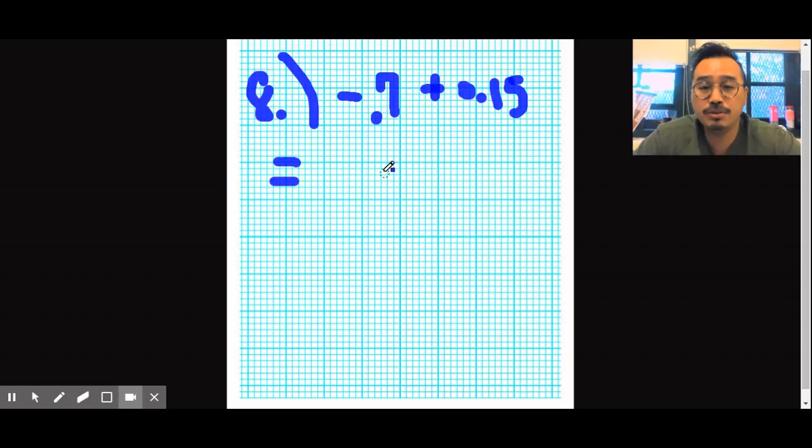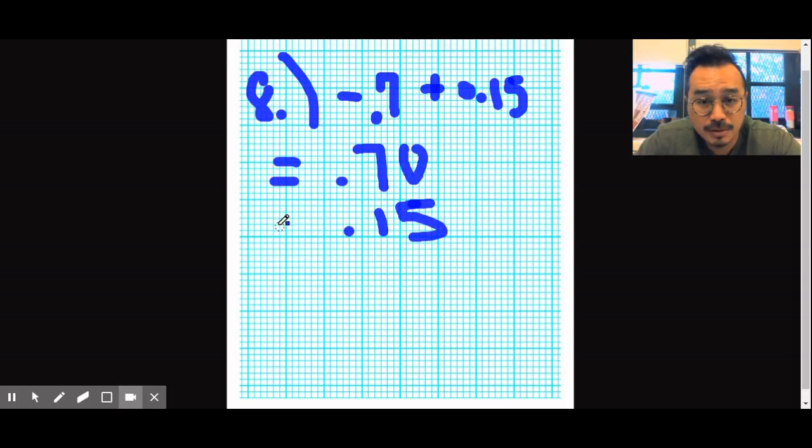So now signs are different, so you subtract. Negative 0.7 plus 0.15. So let's see, that is negative 0.55. So 10 minus 5 is 5, 6 minus 1 is 5.